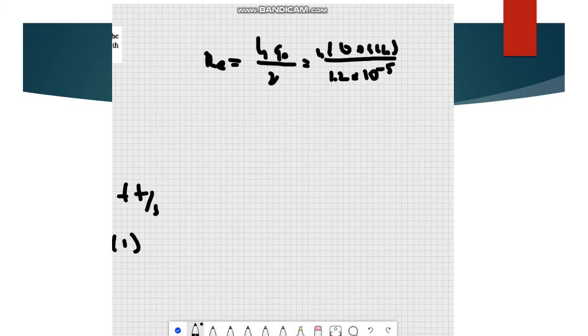Okay, so the Reynolds number is 15,333, which is turbulent, right? This is bigger than 2,000 or 4,000, let's say. Let's count it as fully turbulent, since it's bigger than 4,000.